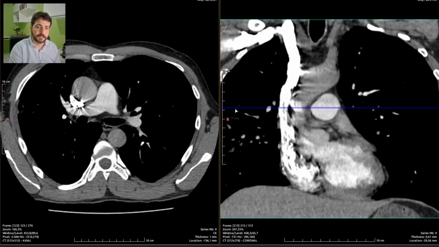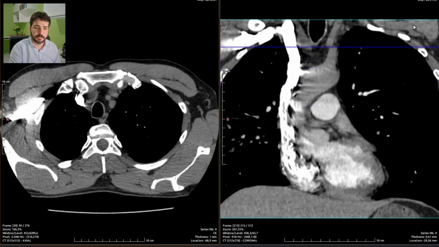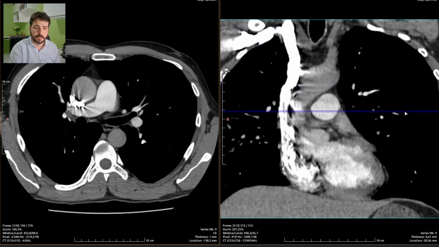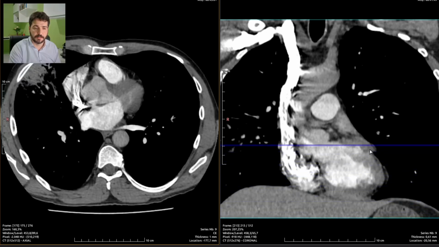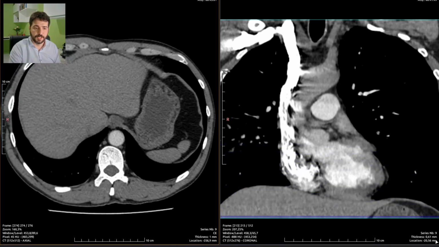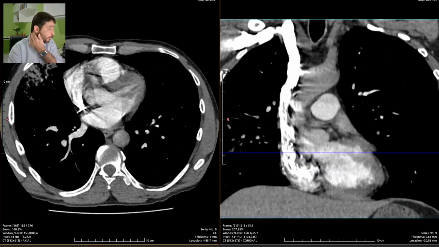So it's good practice to analyze these images with all the three planes on the MPR. So it's a normal exam, so I just copy and paste my template, and this is it. I can just hit sign, and it's signed, it's done, and we can go to the next one.